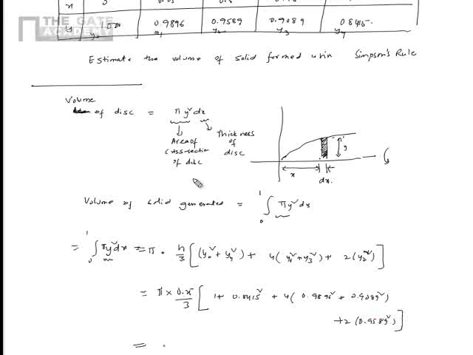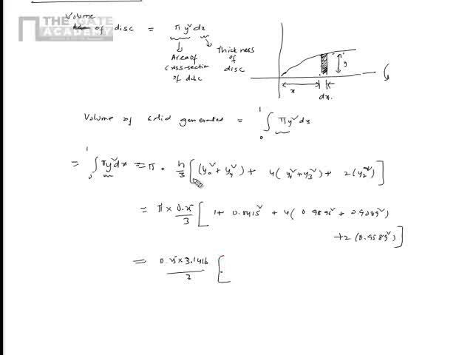And pi is 3.1416 by 3. So when you evaluate, it comes out to be 1.7081 plus 7.2216 plus 1.839, which on simplification gives rise to 2.8192.